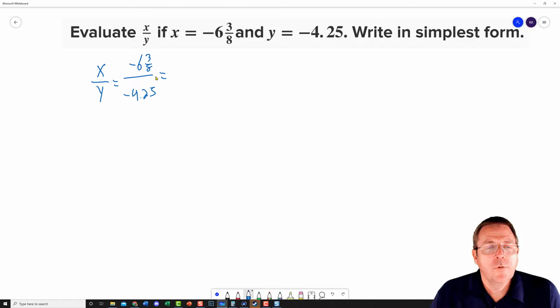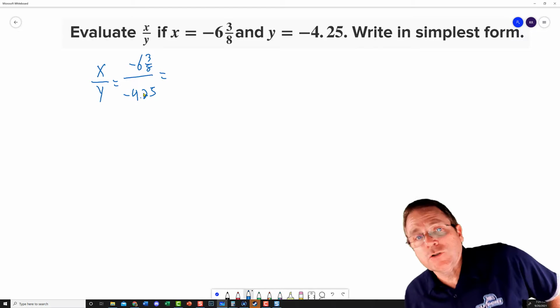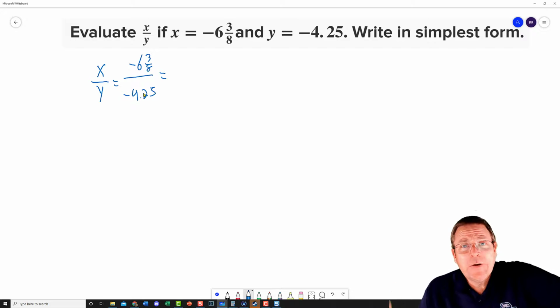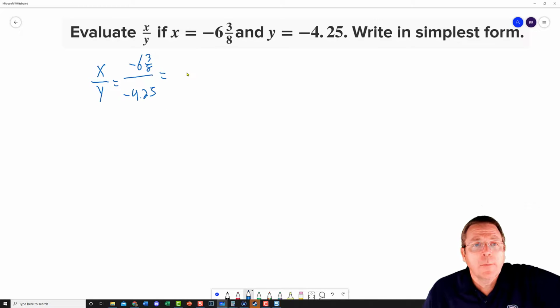Those two numbers, I think we're going to just work as fractions, because fractions are our friends. Decimals, no. I hate working with decimals. So the 6 3/8, I'm just going to leave alone for a minute. That's going to stay up top as a 6 3/8. And the bottom, I'm going to change to a negative 4 1/4, because 0.25 is the same thing as 1/4.